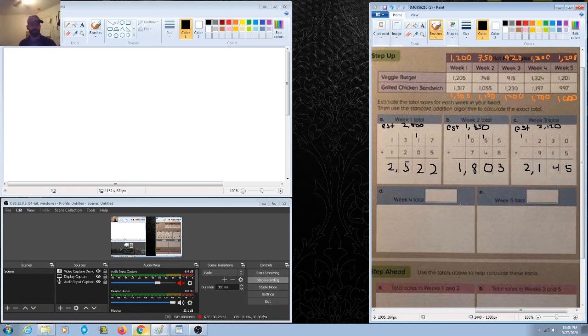Alright, let's look at week 4. So our estimate for week 4 is going to be 1,300 plus 1,200, that's 2,500. So we have here 1,324. Make that a little bit more spread out.